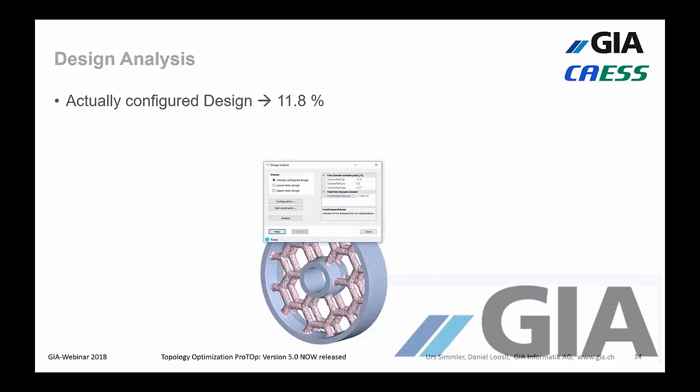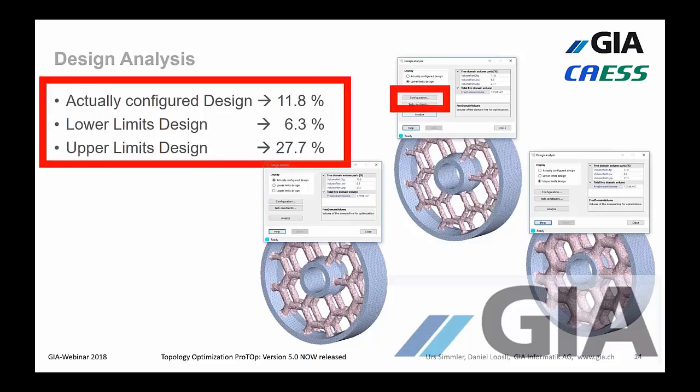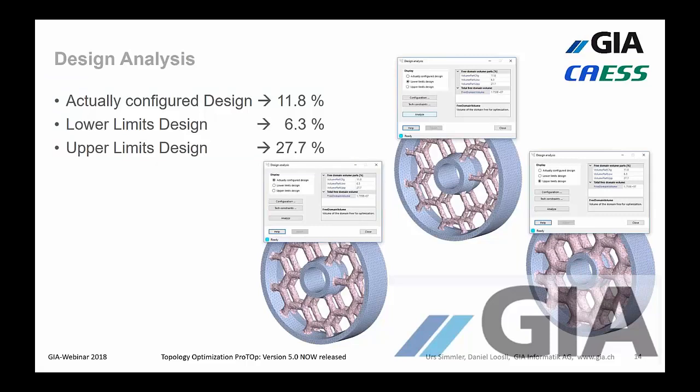We are doing a configuration here on that wheel, with lattice structure. Then we have an easy way to see minimal, maximal configuration or actual configuration. We can even go in and change the configuration to see our design room limits on upper, lower, or configured configuration.